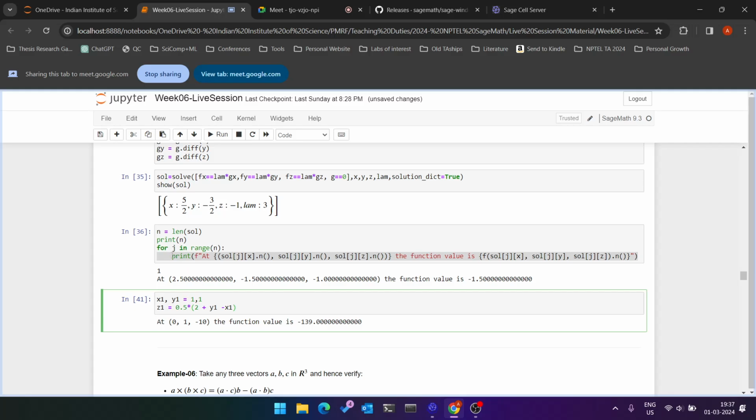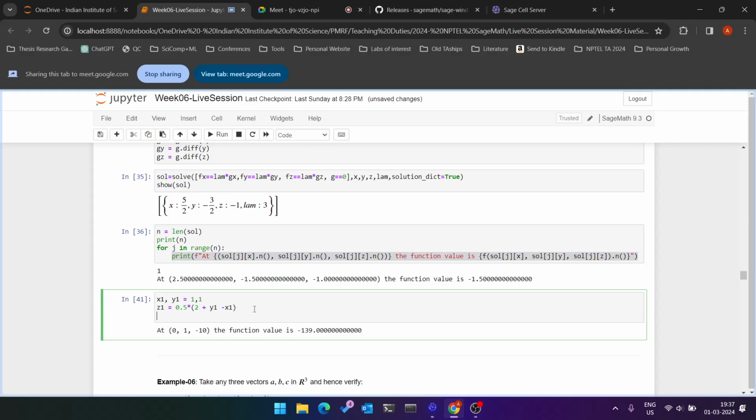And then at this point we want to print our solution. So you have x1, y1, z1, and now that is being fed to my function.